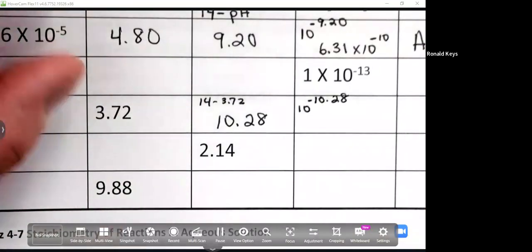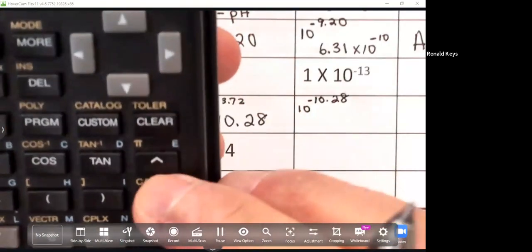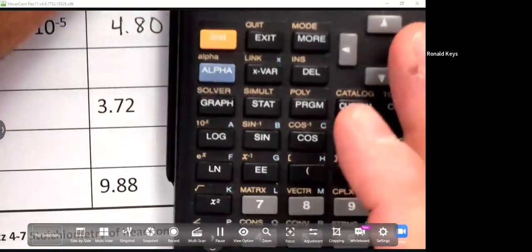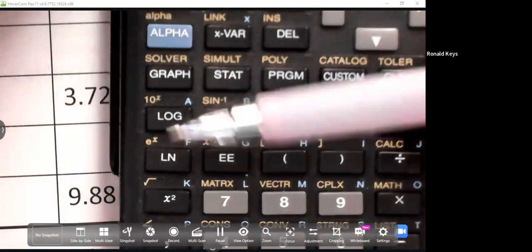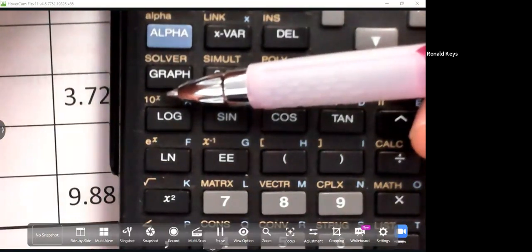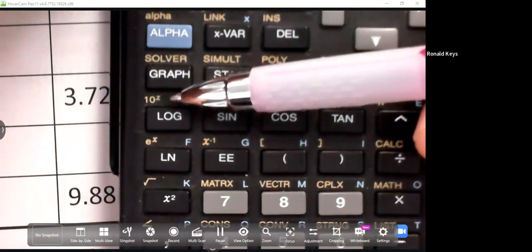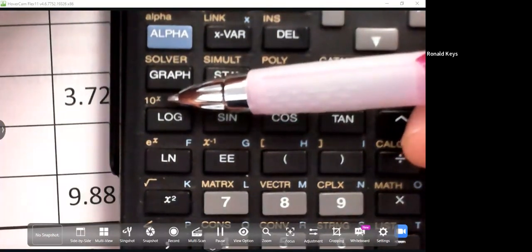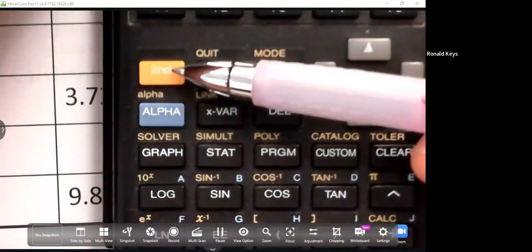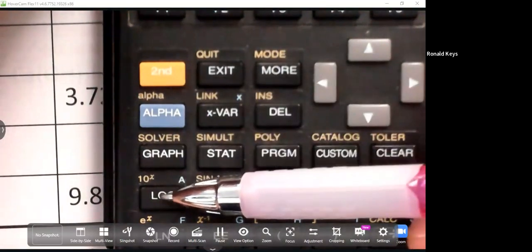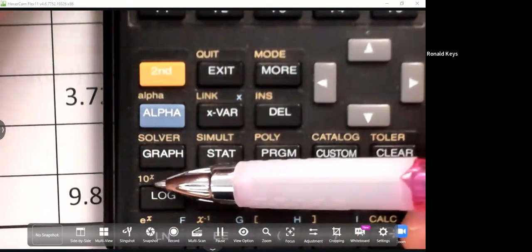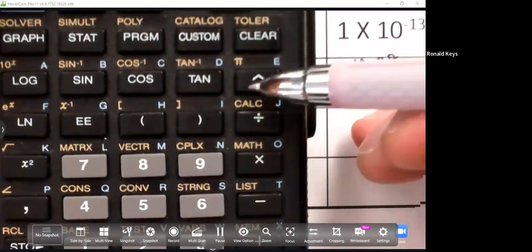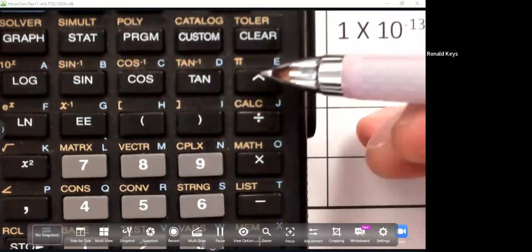Depending upon what calculator you have, I have 10 to the X. This 10 to the X is a different color, so I would have to hit second log, and that would bring up my 10 to the X. If you have this caret button like this, I would use this.